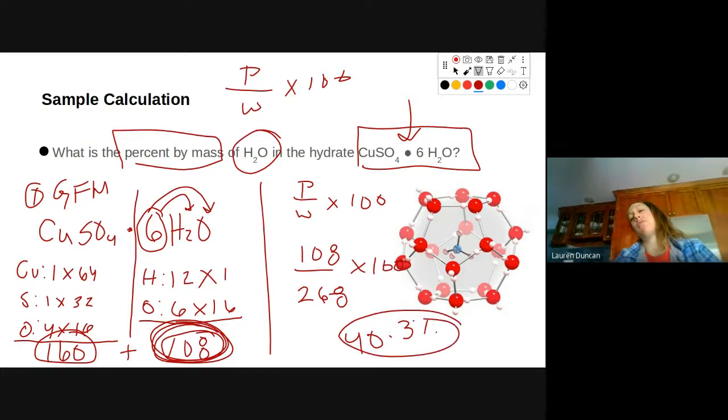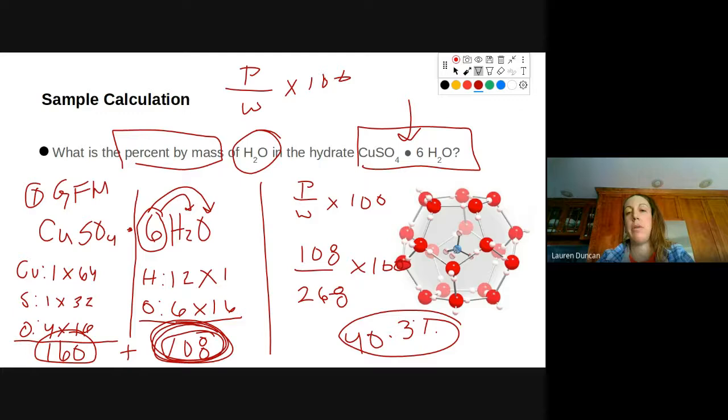So the percent by mass of water in that hydrate, CuSO4·6H2O, is about 40.3%. Okay, that is the idea. Biggest tip I have for you is to calculate the mass of the salt, in this case the CuSO4, separate from that of the mass of the water, the 6 waters in this case, and then it should be easier to figure out the setup for finding, say, the water or the salt's percent by mass.